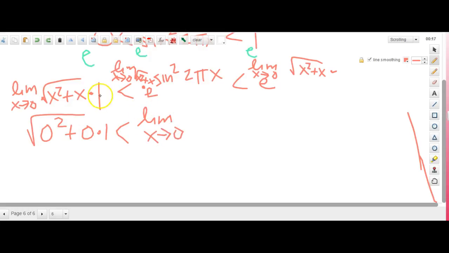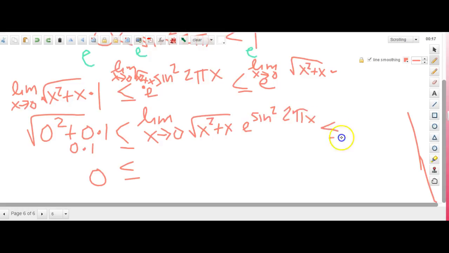Because when you plug in 0 here, 0 squared plus 0 gives you 0. Square root of 0 is 0, and 0 times 1, still 0. Limit as x approaches 0 of this big function. Then on the other side, you're going to plug in 0.